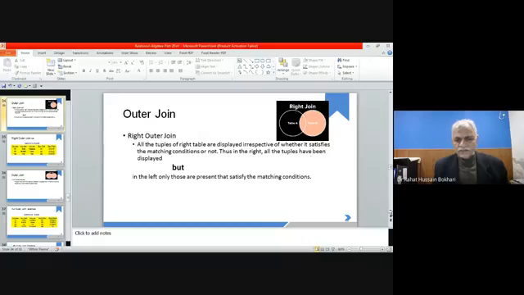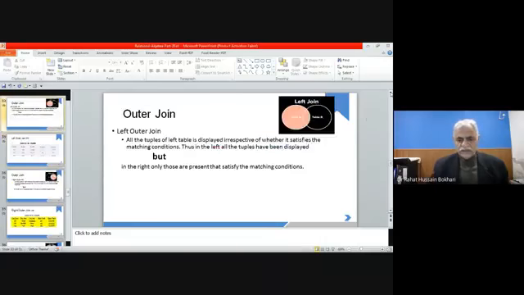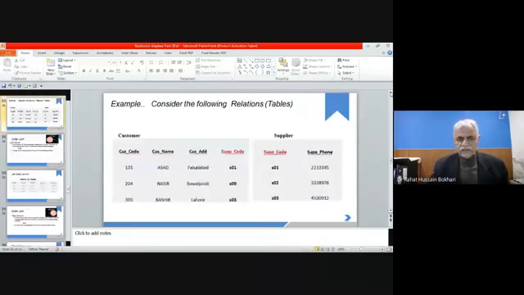So for the two relations that we have already considered, what should be the result? The supplier code and the supplier phone were the attributes. From the original table, the supplier table has two attributes, supplier code and supplier phone.